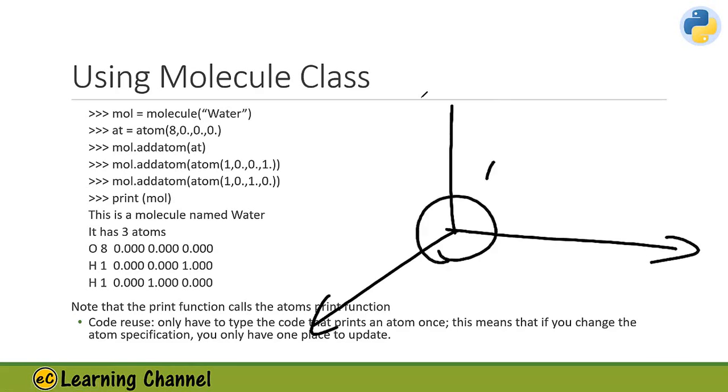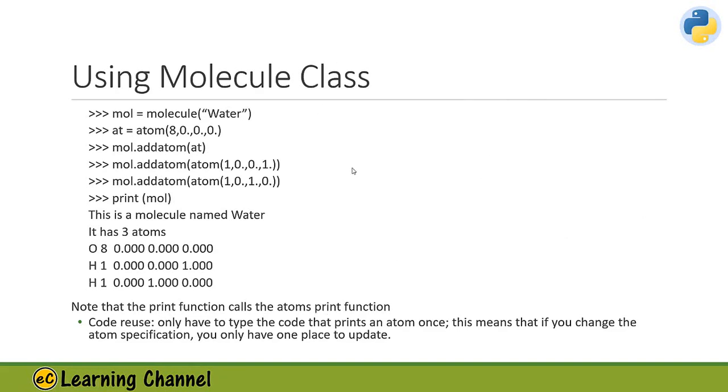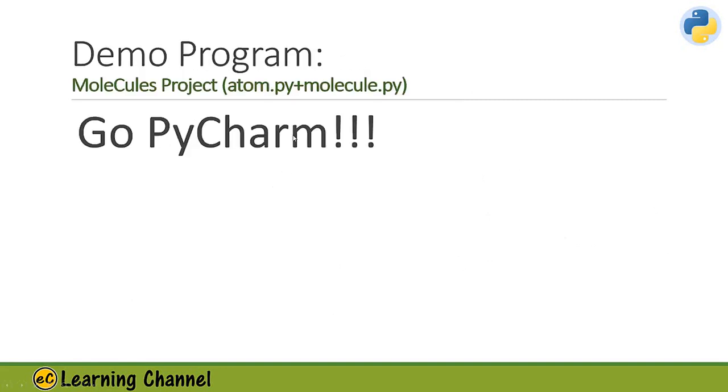Your oxygen is over here, and your hydrogen is actually over here. I'm sorry, it's actually Y and Z. So one over here, one over there. So if this one is X direction, Y direction, Z direction, okay? So that's the molecule class, okay?